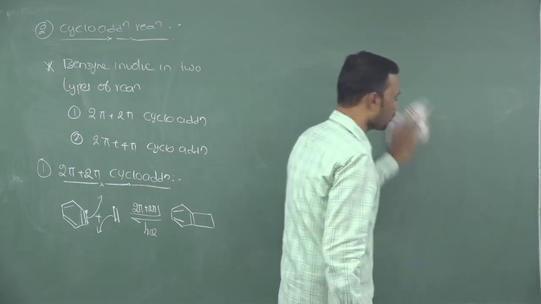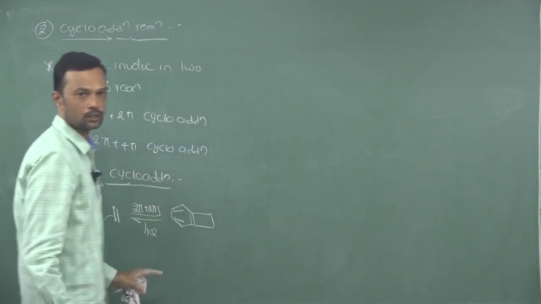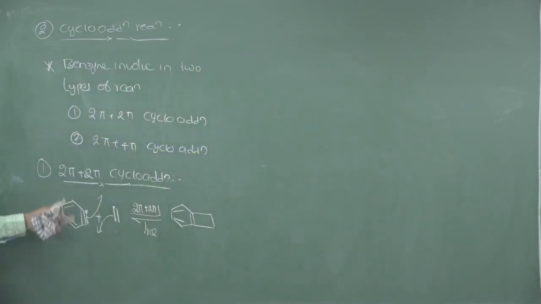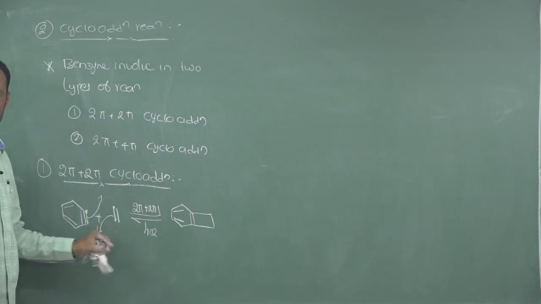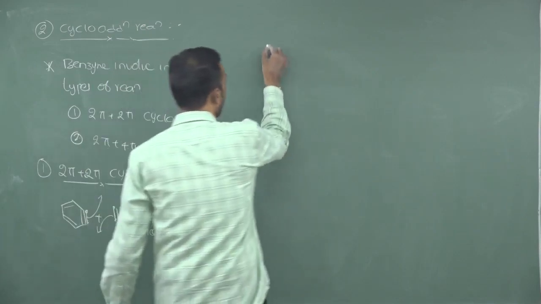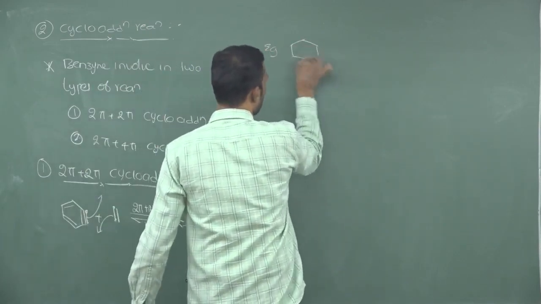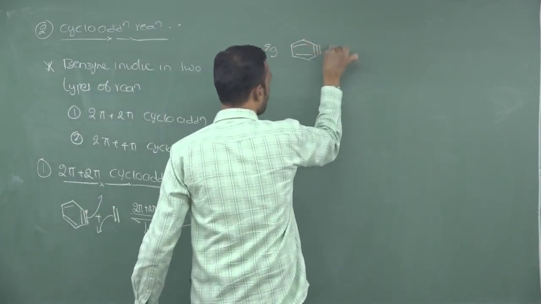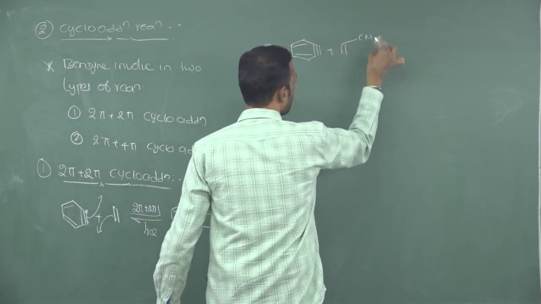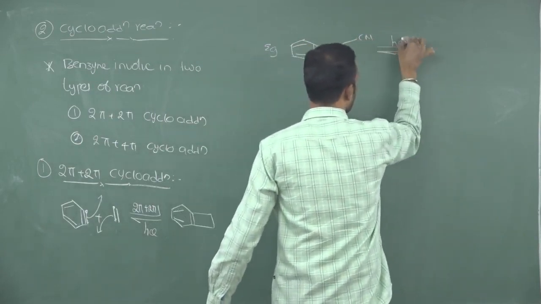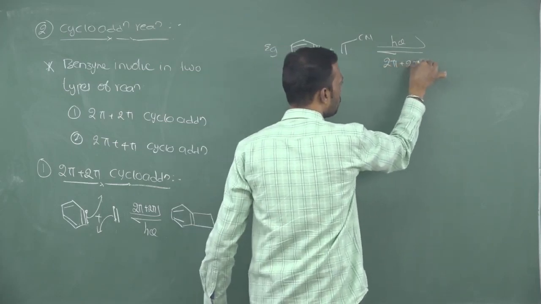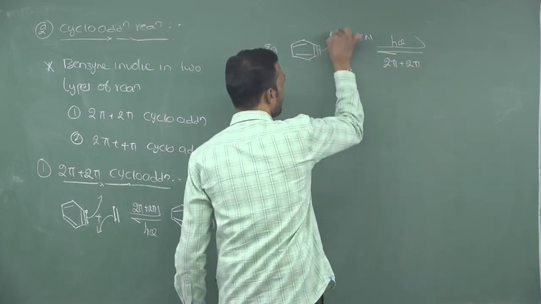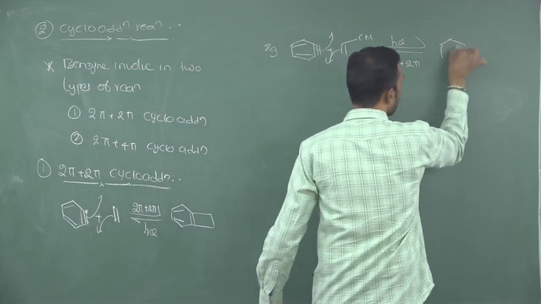It is approximately equal to the Paterno-Buchi reaction, but in Paterno-Buchi we use a carbonyl compound and an olefin. In this case we are using one unsaturated moiety. Now a double bond, and I am using a cyano. If I use this with photochemical, if they give the photochemical symbol, what are they asking? 2 pi 2 pi. Now cyclize this and migrate here, and finally what is the answer?